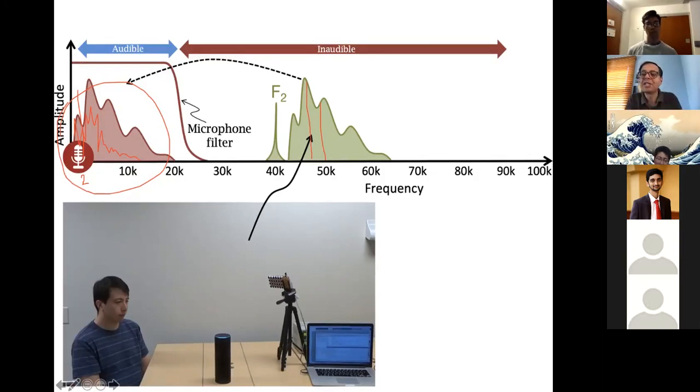And I think it's an interesting research question to ask: can I look at the signal and say there are traces of nonlinearity in this signal? Just because there are some noises over here, you cannot say for sure that it's nonlinearity, because it can be just ambient noise. It can be other people talking at that frequency.